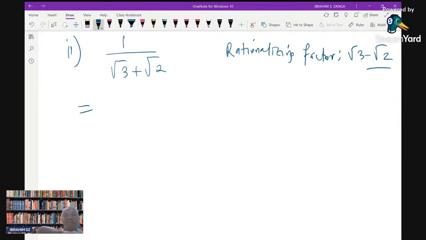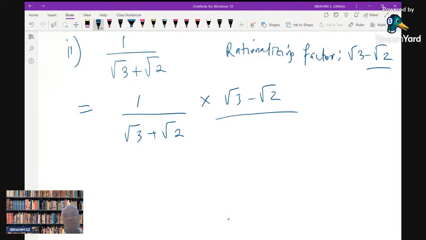So we're going to multiply by that actually in both numerator and denominator. So it is 1 over square root of 3 plus square root of 2 times square root of 3 minus square root of 2 over square root of 3 minus square root of 2.